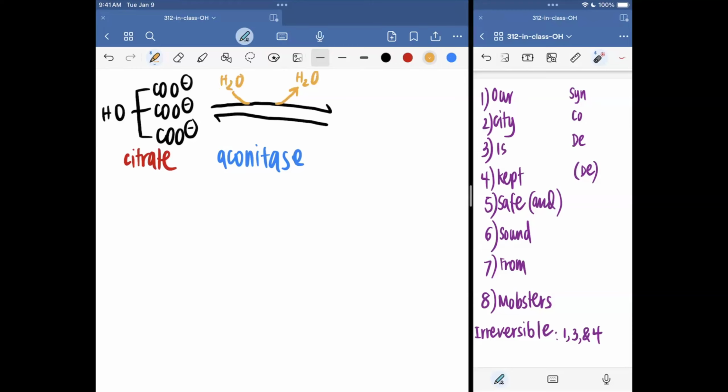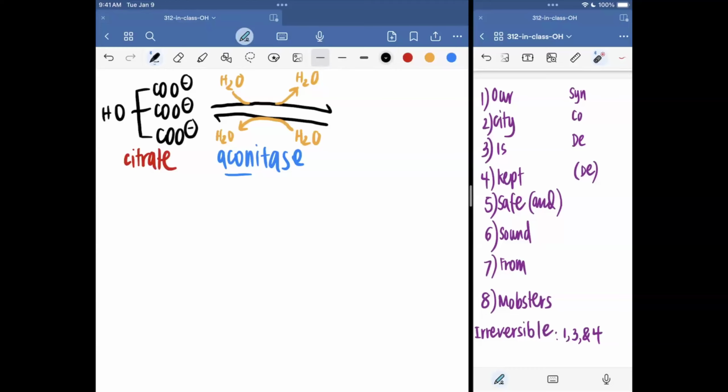So if we look at the net here, we are using and releasing water. So you do not have to show this, but it may be useful if you're trying to remember what is happening in this reaction. And so another thing that I've highlighted in class is that the "con" term here may be useful for you to remember that we use water, we release water, they essentially act against one another.